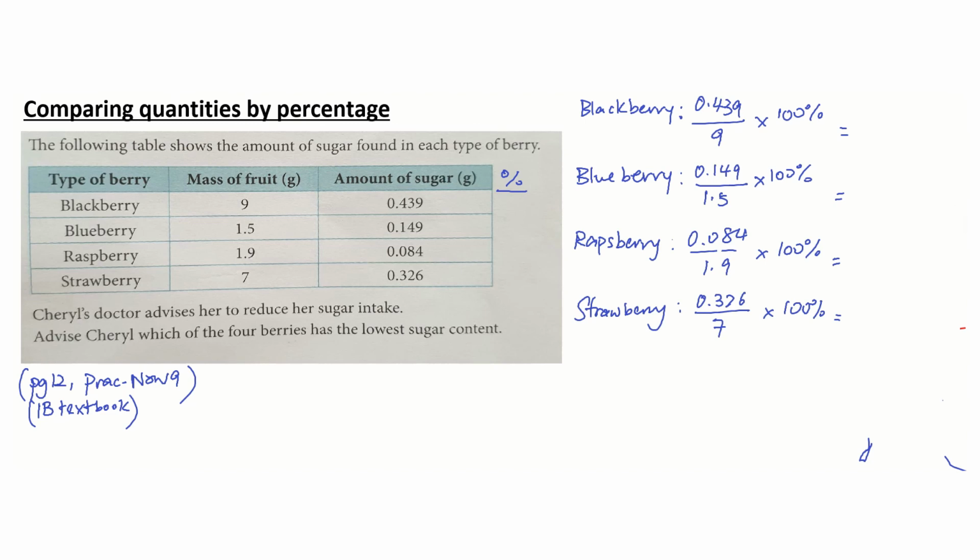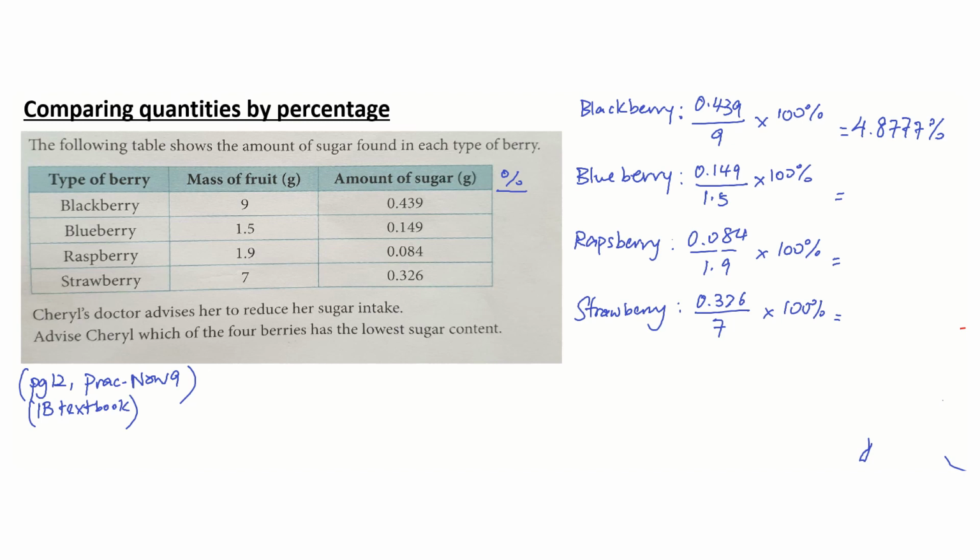Okay, so we're going to do a calculation for the percentage of sugar content in each fruit. For the blackberry, if you punch the numbers into a calculator, you should get this value here in 5 significant figures, 4.8777%.